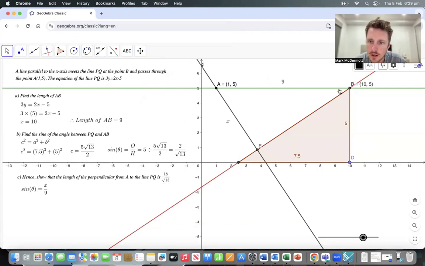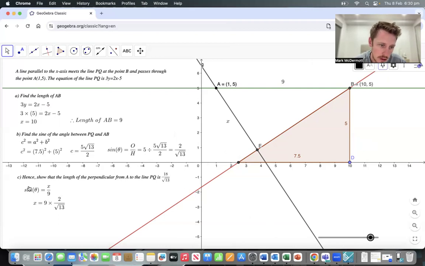So what we can say is the following. Sine theta, which is this angle in here, which is what we worked out before, is equal to opposite over hypotenuse. We've got this right angle triangle now. So opposite over hypotenuse is equal to x over 9. But we know that sine of theta is equal to 2 on root 13.